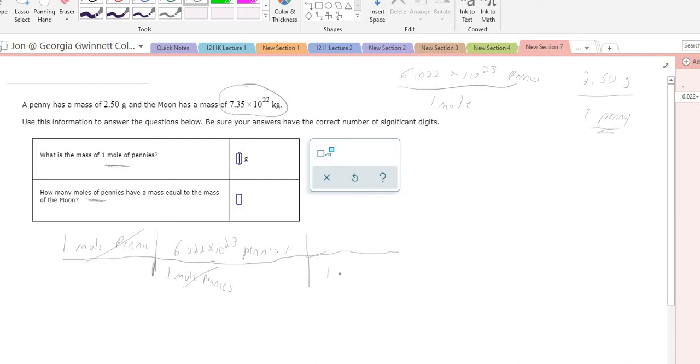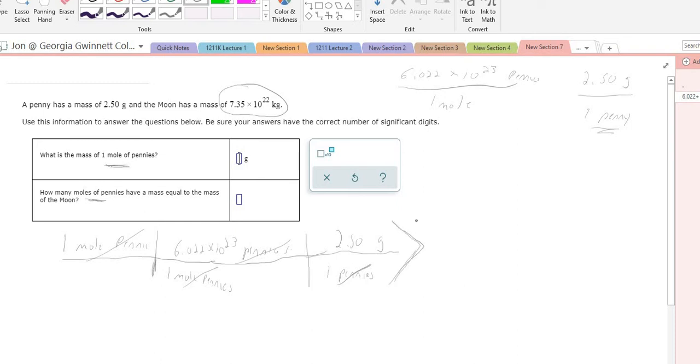So a penny will cancel with a penny, and I'm left with grams that are found in 1 mole of pennies.